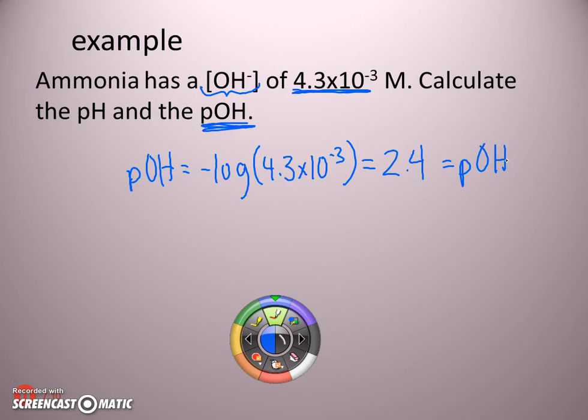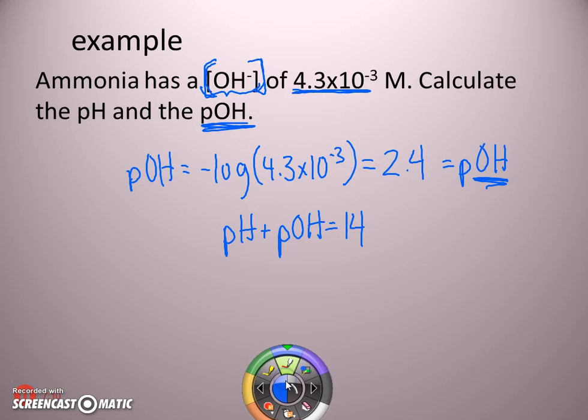Since we started with the hydroxide concentration here, you're going to have to find the pOH first. To find the pH, you're going to use our rule that pH plus pOH equals 14. So if we have our pOH, we need our pH.